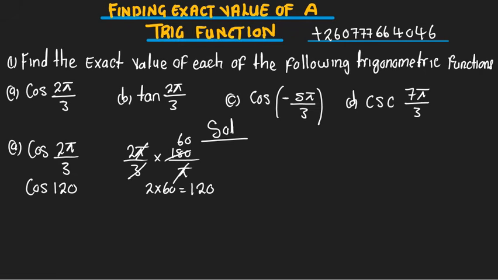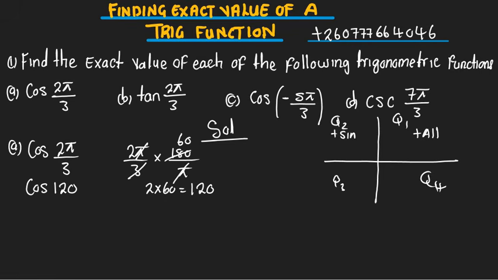Now, you need to ask yourself, exactly in which quadrant is 120 falling? So you draw your quadrants: first quadrant, second quadrant, third quadrant, and the fourth quadrant. Notice that in the first quadrant, everything is positive. In the second quadrant, only sine and cosecant are positive.